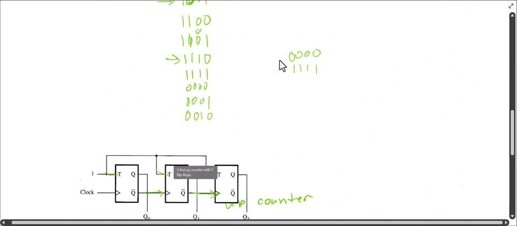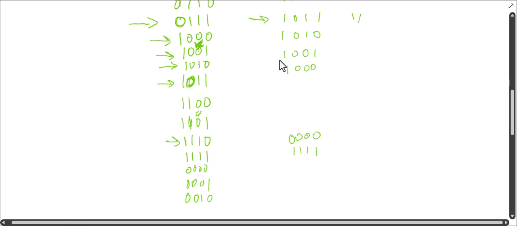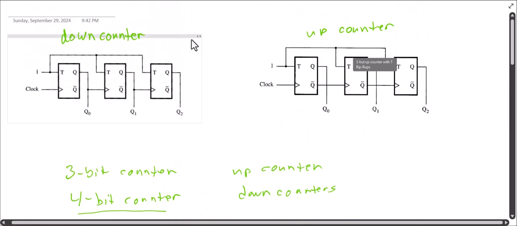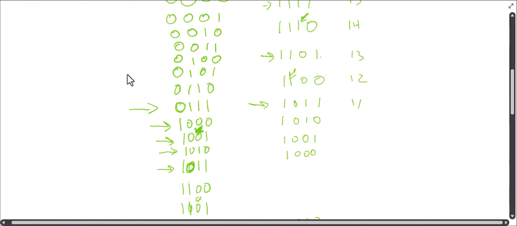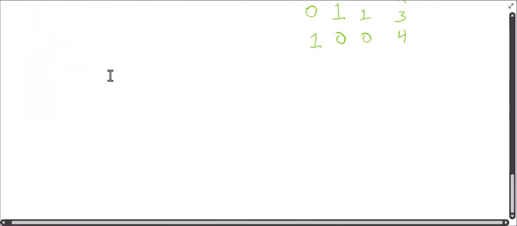Okay, so now let's take a look at the down counter. Now this is the one that's on your homework, so I'm not going to start it where your homework starts, but we'll start it somewhere else.